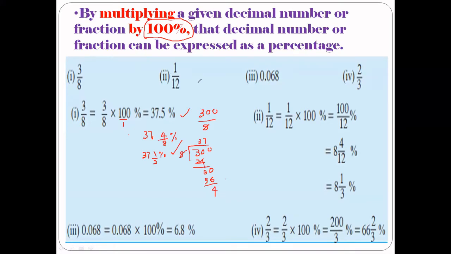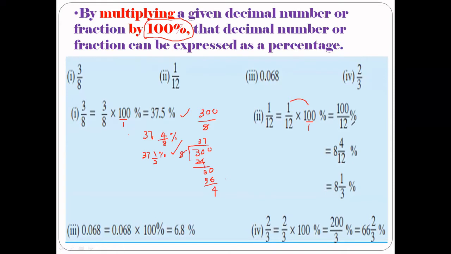Let's see another example. 1 over 12. 1 over 12 is the fraction that we have to multiply by 100%. If you want, you can put denominator 1. 1 multiplied by 100. 1 into 100, 100. 12 into 1, 12.